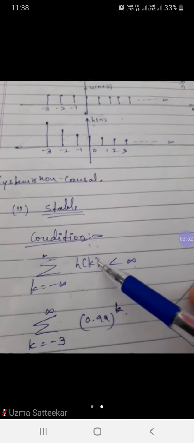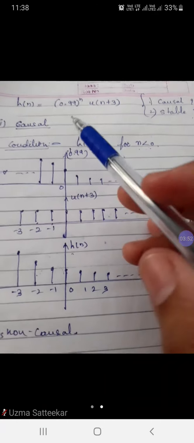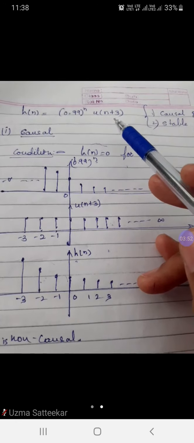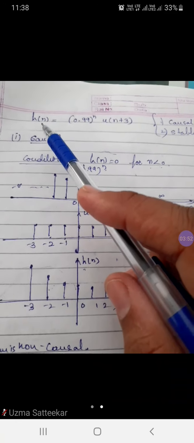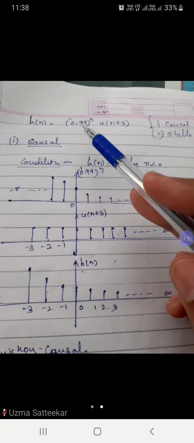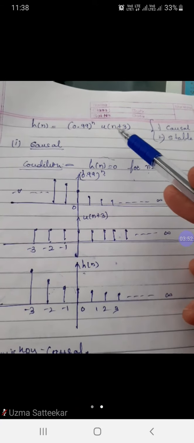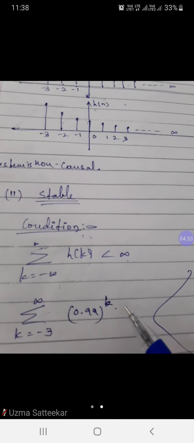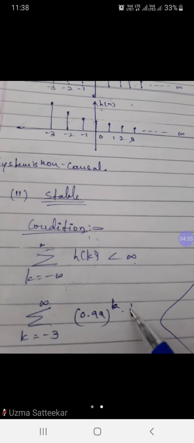Now what is h of k? h of n is 0.99 raised to n u of n plus 3. If I want h of k, simply replace n by k. 0.99 to the power of k, u of k plus 3. The u of k plus 3 term will become 1; amplitude is 1.